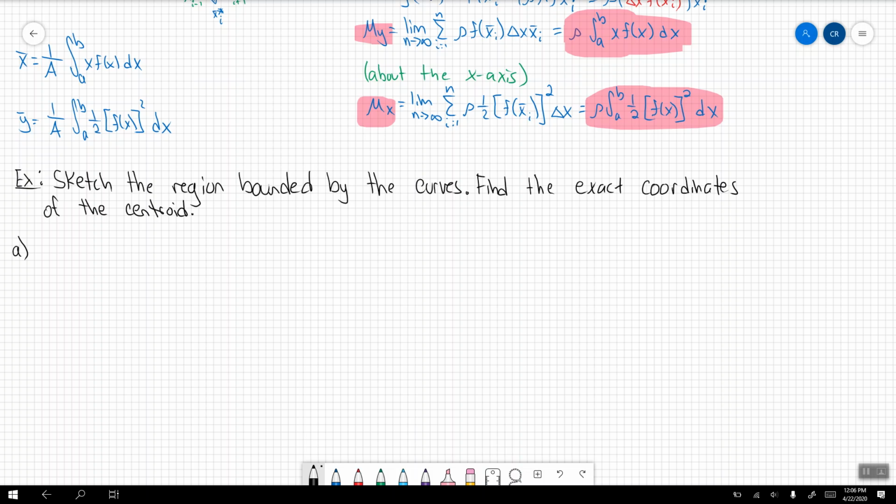And here goes part A. We're going to have y is equal to the square root of x, y is equal to 0, and x is equal to 4.